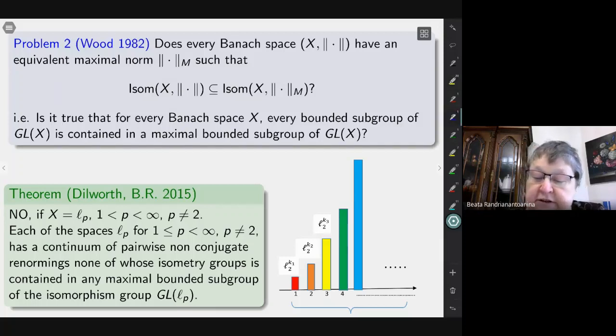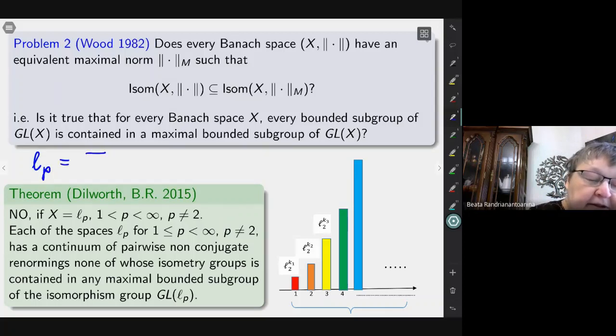But the idea is that I am representing lp as the lp sum, over i equals 1 to infinity, of those things here.